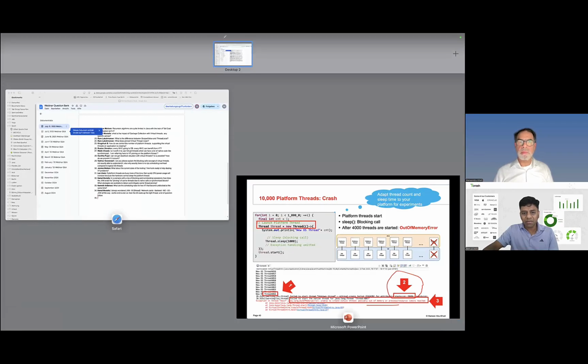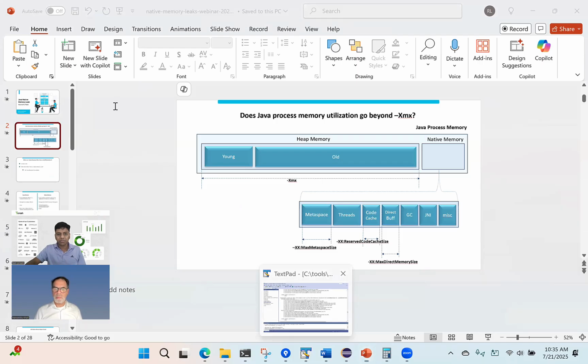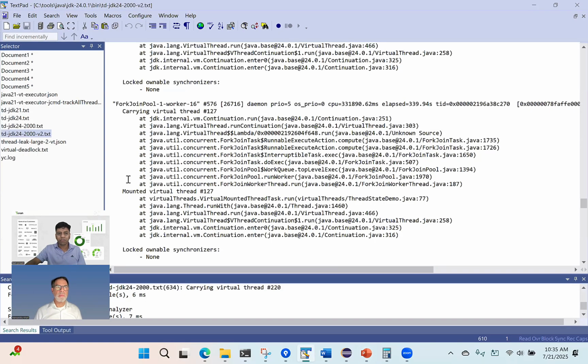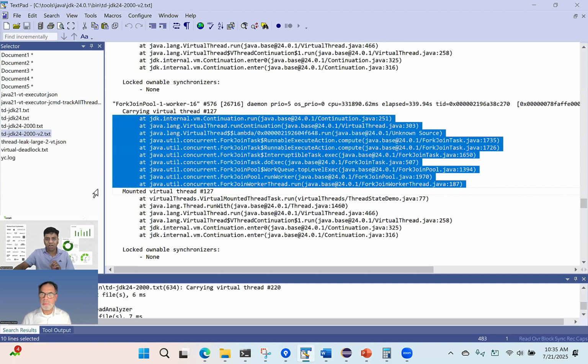Yeah. See, friends, see, this is a thread dump. I've taken a thread dump from JDK 24. See what they have done now. Now here, they're saying this is that underlying platform thread. And now they are saying, okay, this is the stack trace of the platform thread. And now this is the stack trace.